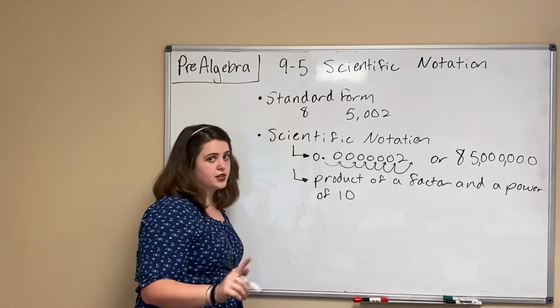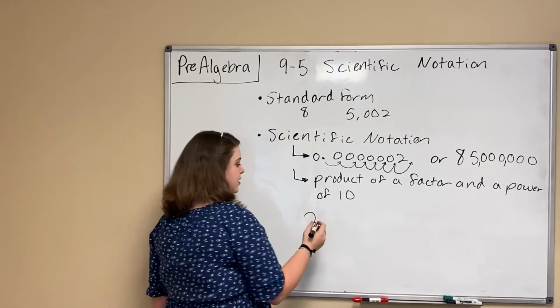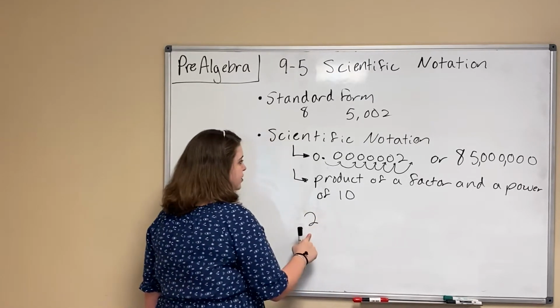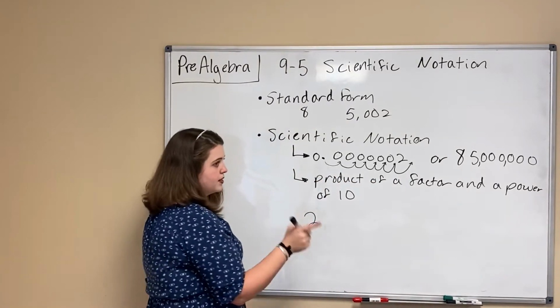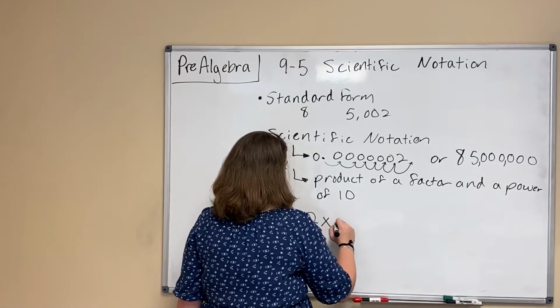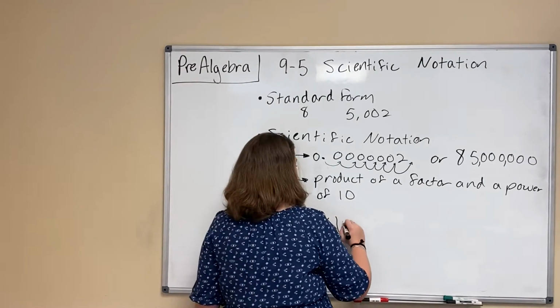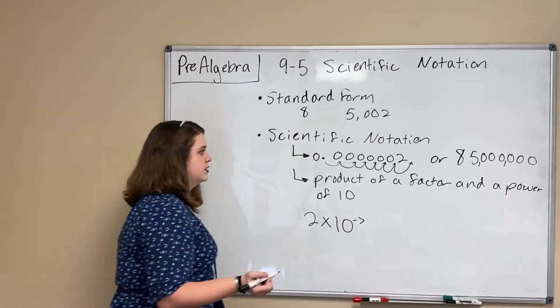With scientific notation, you always stop to where there's one digit to the left of the decimal point. So I have 2, and I move my decimal place 7 times. So I'm going to put 2 times 10 to the negative 7th.